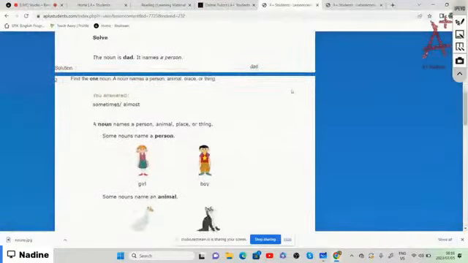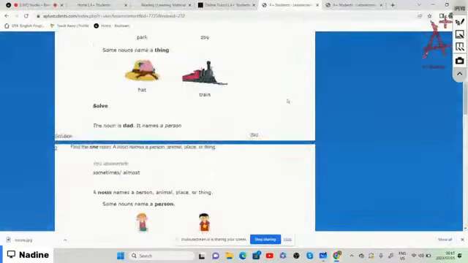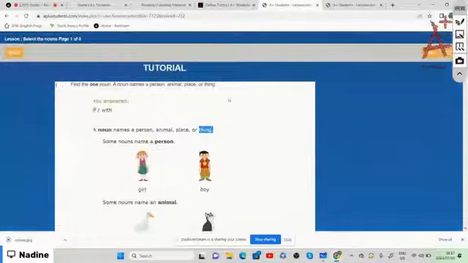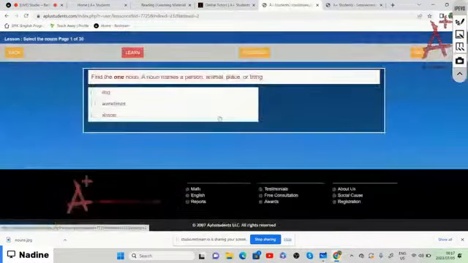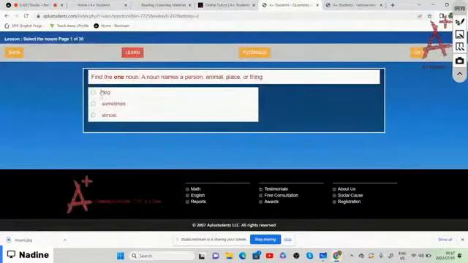these were just a few of the nouns that we identified, or basically selected. So let us quickly do a little test to see if we will be able to select or identify the nouns. We need to find one noun, and a noun names a person, an animal, a place, or a thing.